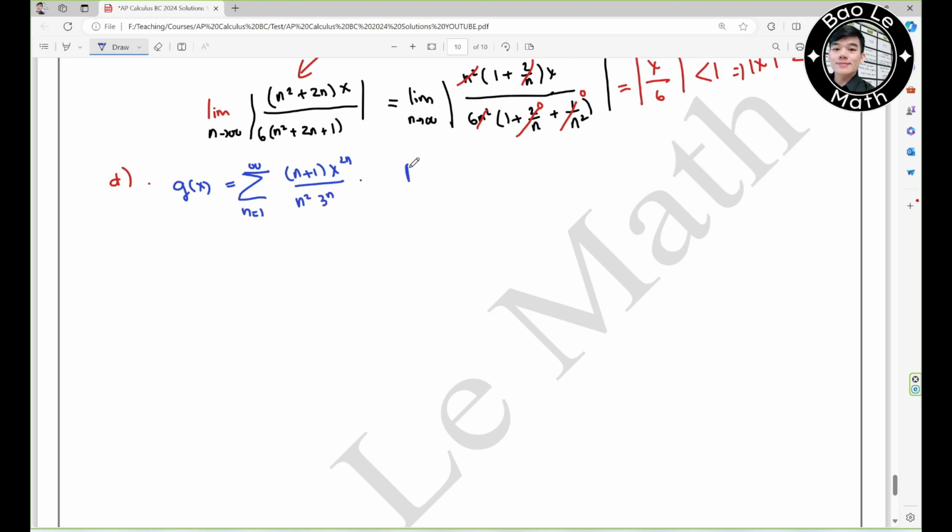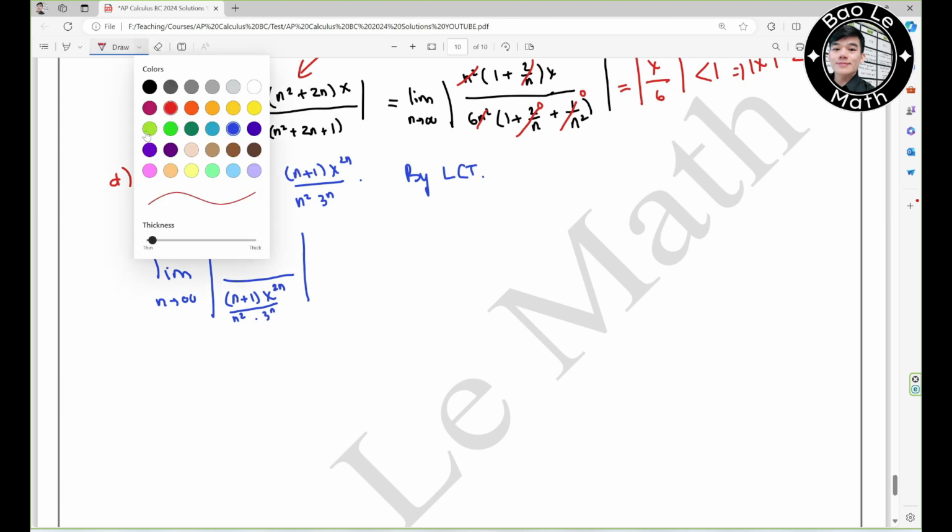Now, by the ratio test, it's going to be the limit of the absolute value of this term, the n plus 1 term over the n term. The bottom one, we're going to put this one, so keep that in mind: (n plus 1) times s to the 2n over n squared times 3 to the n. Make sure the next term is one unit greater than this one, so we just replace n with n plus 1.